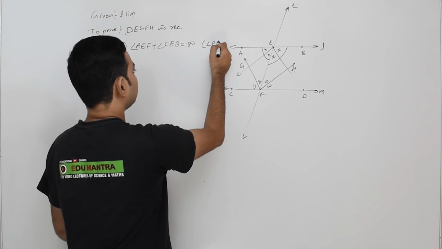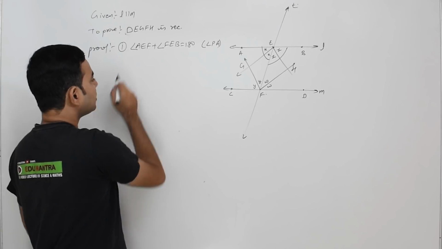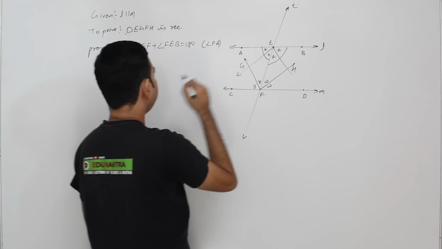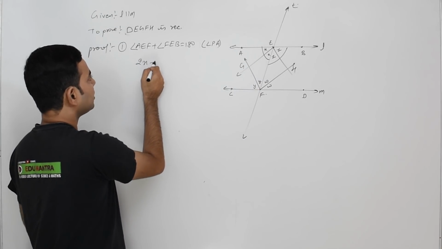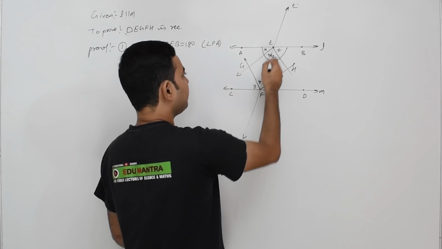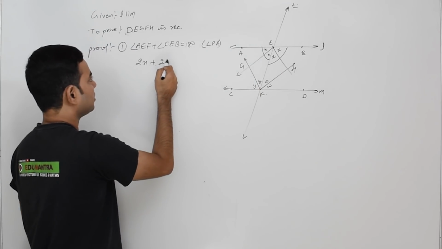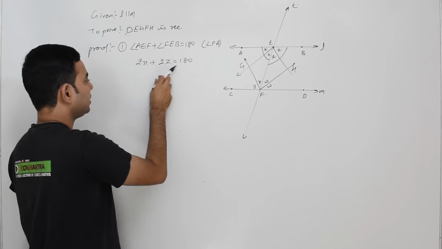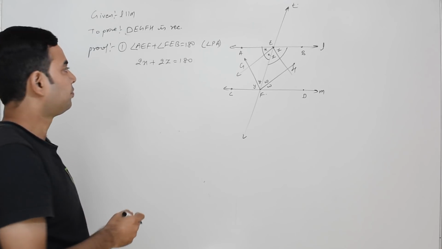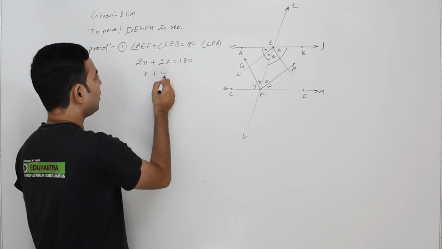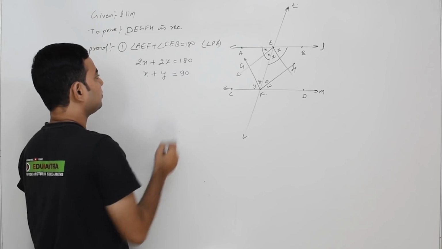Now AEF is nothing but 2x and FEB is nothing but 2z, which is equal to 180. Dividing throughout by 2, we get x plus z is equal to 90.